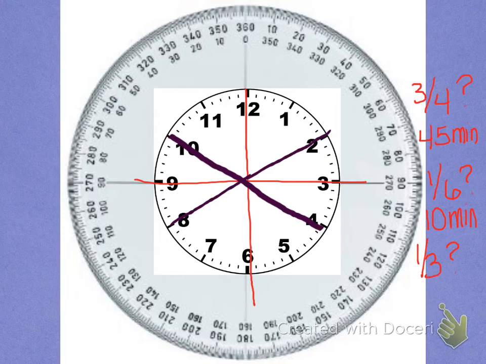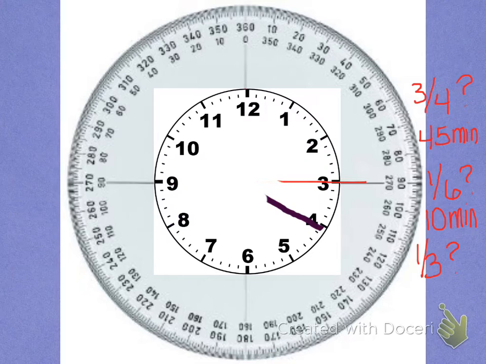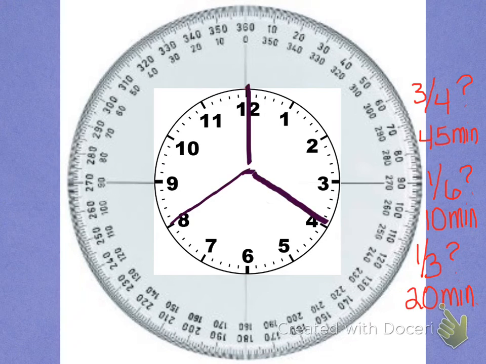And 1/3, we would take all of these lines out and divide that into thirds, which is going to be 20 minutes. Okay, our thirds would be somewhat like this. We've got 3 sections, so 1/3 would be 20 minutes. If we had 2/3, it would be 40 minutes.